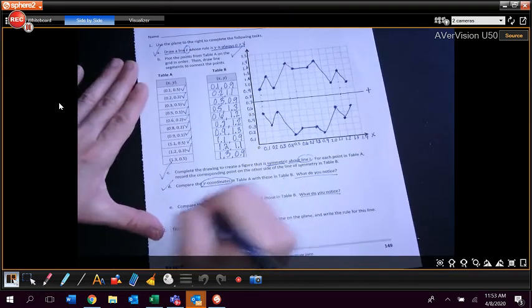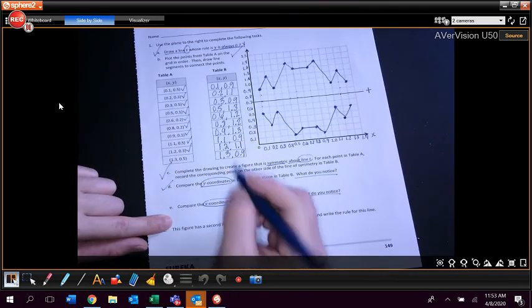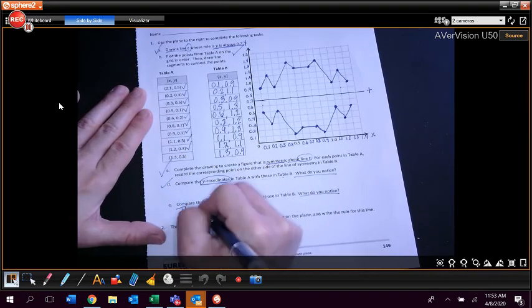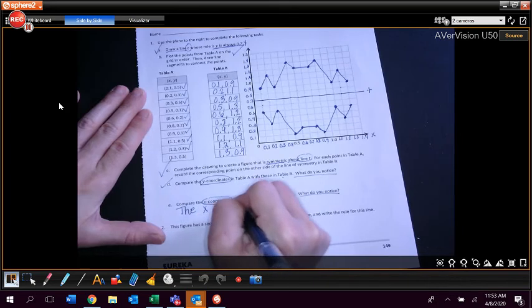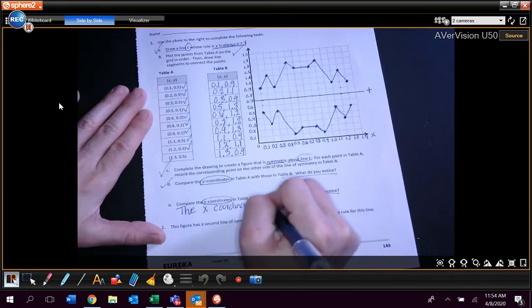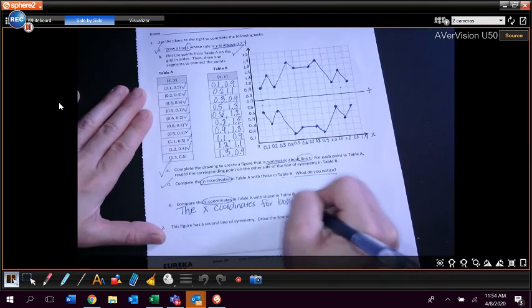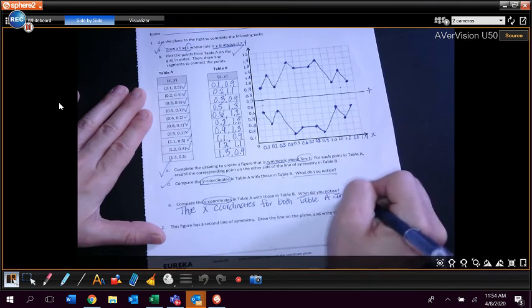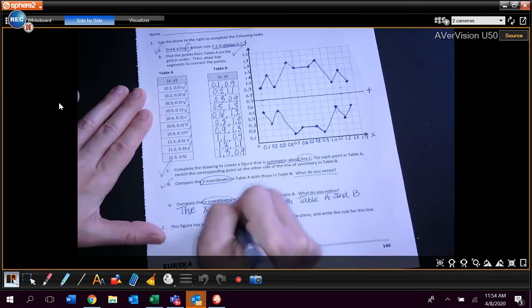But for x, definitely, we are able to notice that the x coordinates in both tables are the same. So for that one, I could write, because that is a connection that I think everybody should have seen, the x coordinates for both table A and B are the same.